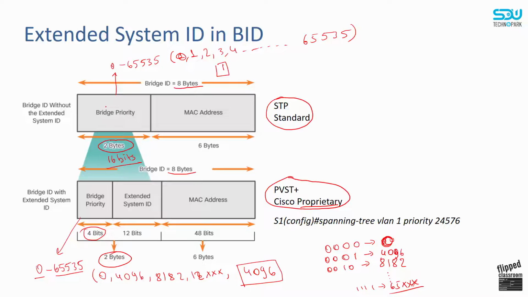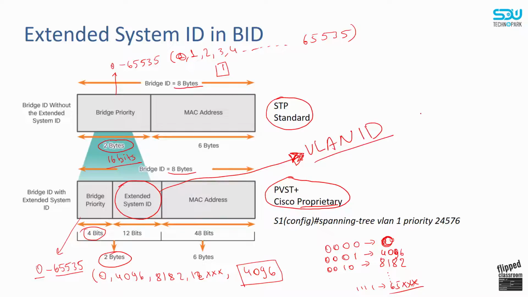And all the other part, I mean the remaining 12 bits, is used to define the extended system ID. That is actually the VLAN ID.